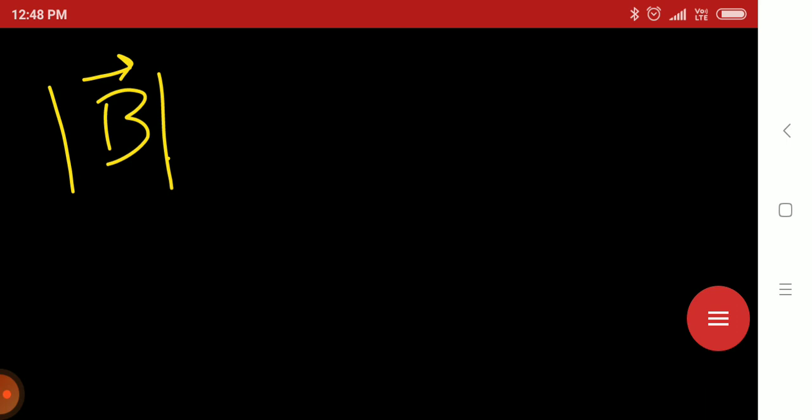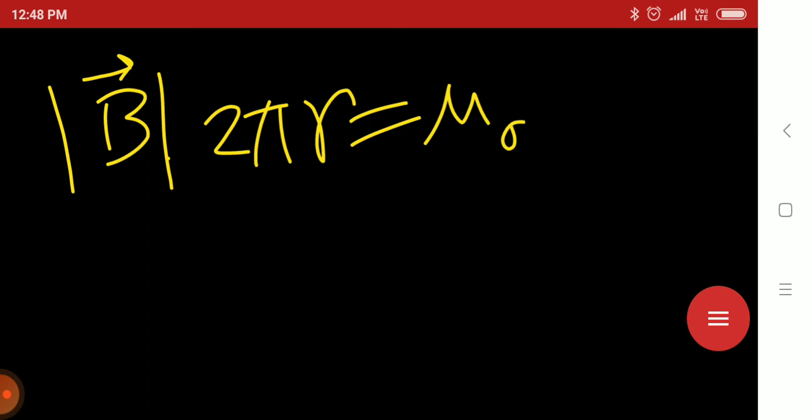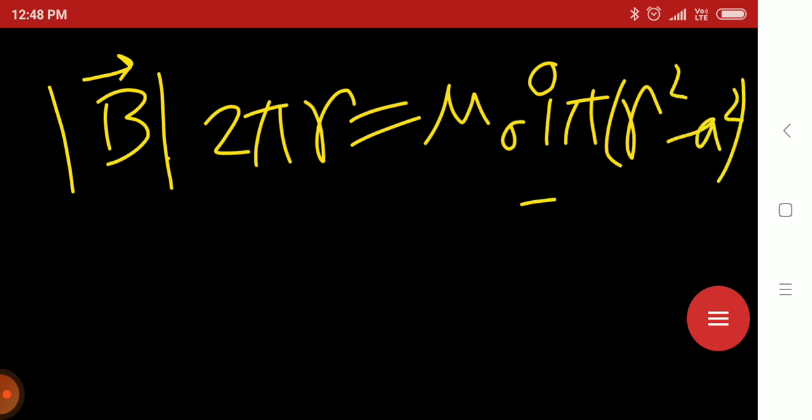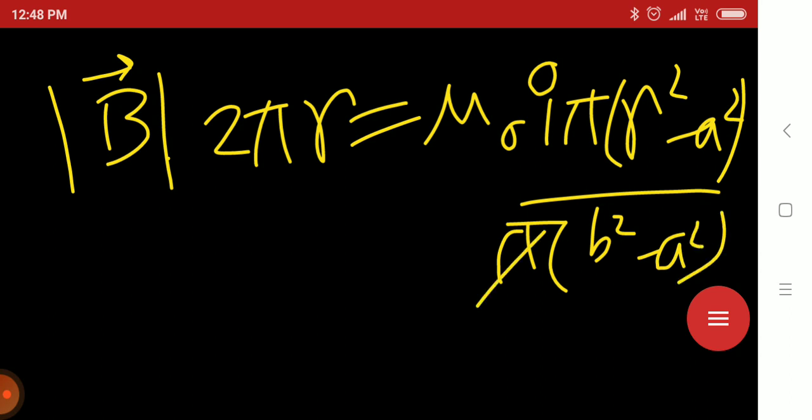So we are taking the magnitude value now. So B times 2 pi r, and I enclosed is mu naught times I times pi r square minus a square by pi b square minus a square.